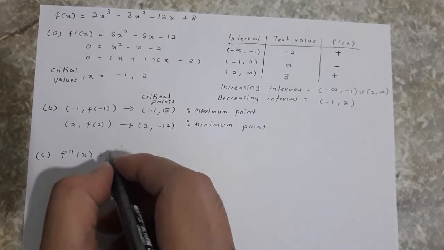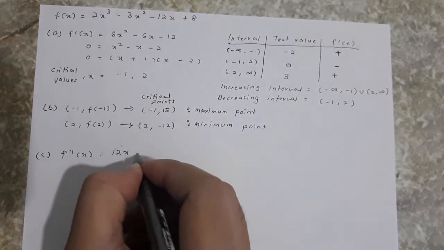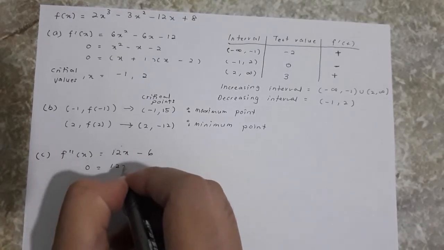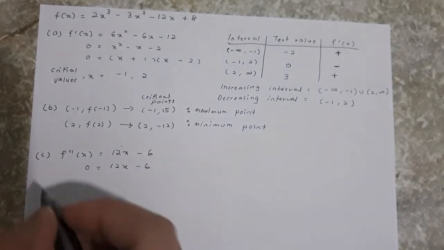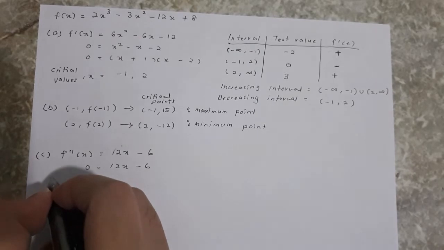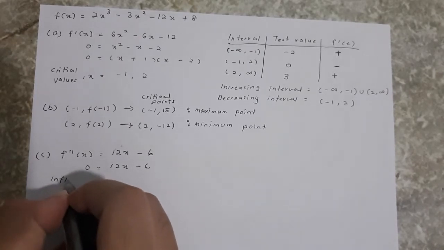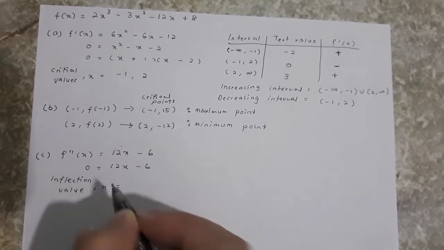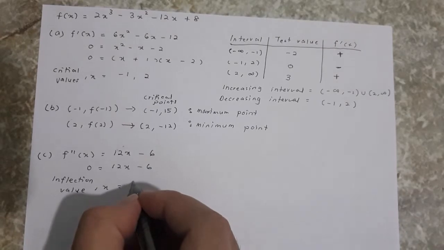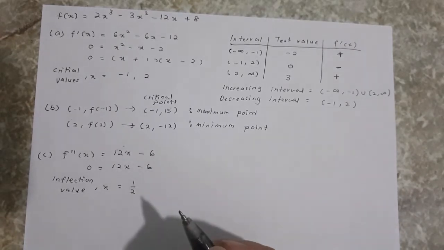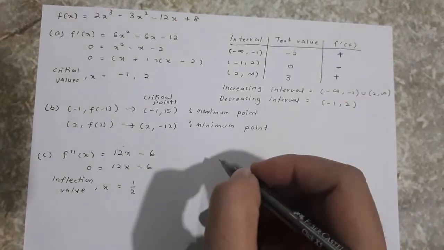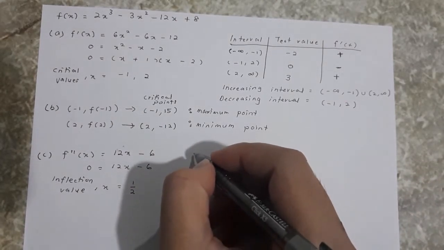We get 12x minus 6. 12x minus 6 equal 0. From here we can get the inflection value, which equal to 1/2.